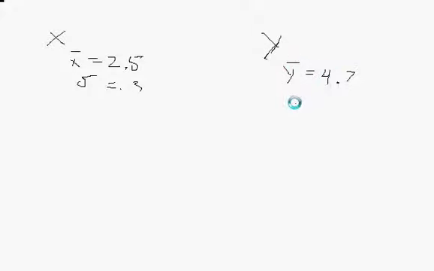X has an expected value of 2.5 and a standard deviation of 0.3, and Y has an expected value of 4.7 and a standard deviation of 0.4. Which of the following is true?